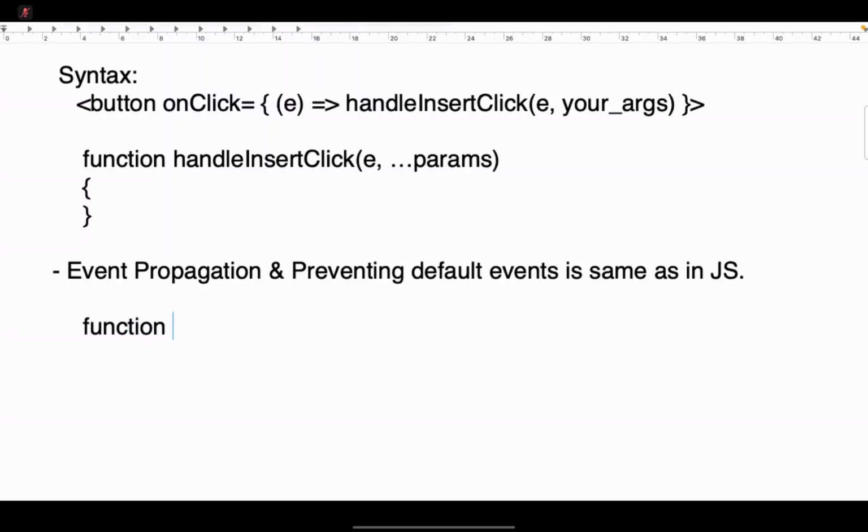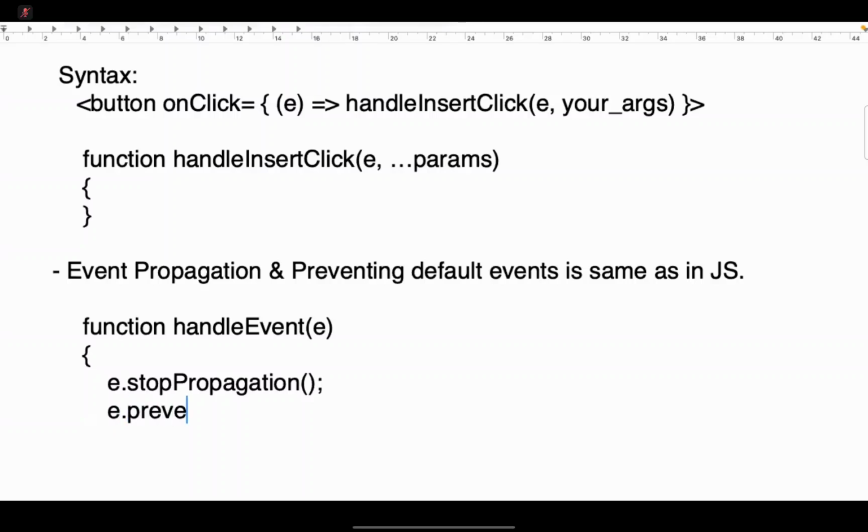So that means you have to use a function, some handle event, E. By default, E will come. E dot stop propagation. We have E dot prevent default. Just roughly these two.